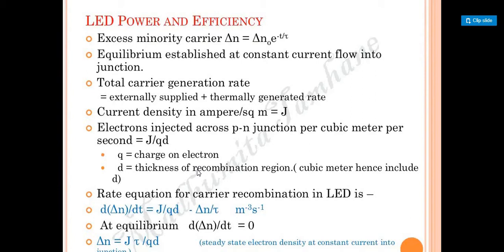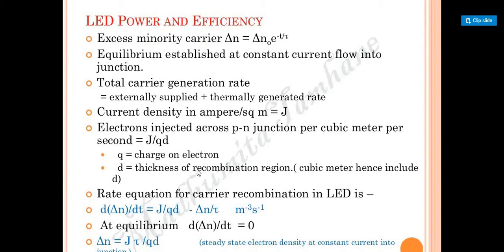It equals the externally supplied rate plus the thermally generated rate. Whatever supply we give externally, plus what is thermally generated, if you take both into consideration, that is called the total carrier generation.